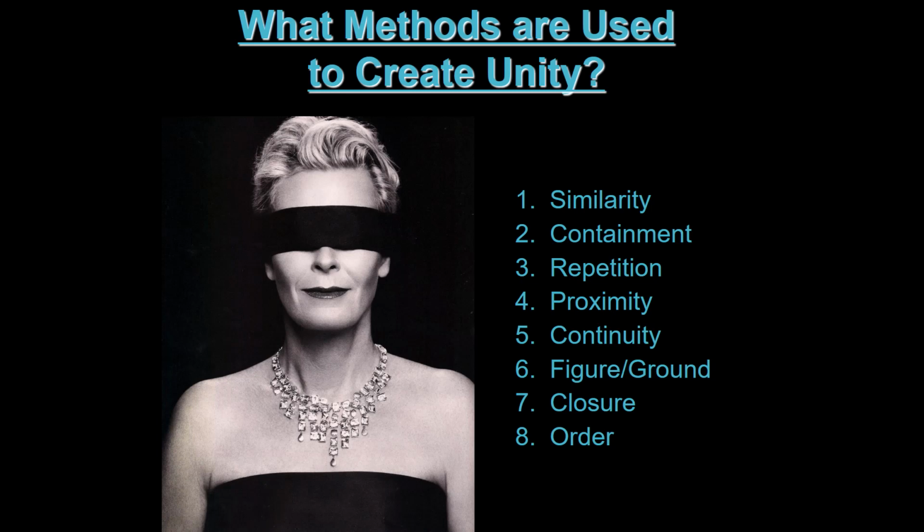As far as proximity goes, we have everything happening in one place. Everything's happening on the same body. So we have that mask, eye mask, the necklace, and the dress all, again, on one figure. So it makes us focus on that.